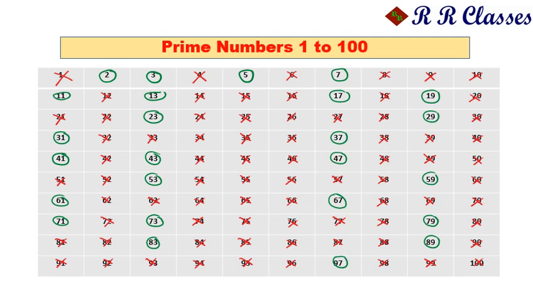So the numbers which are encircled, these all are prime numbers between 1 and 100.